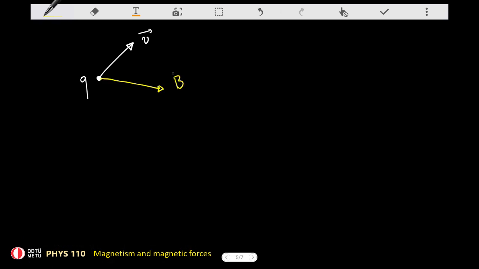There's a magnetic field at the location of the charge. Again, we are going to assume that B is a field, so therefore it has a different value at different locations of space. So that's the magnetic field. When there's a point particle, of course, this particle only feels the effect of the magnetic field at the location it is present.